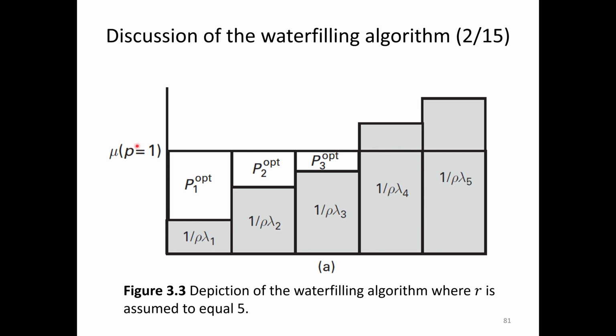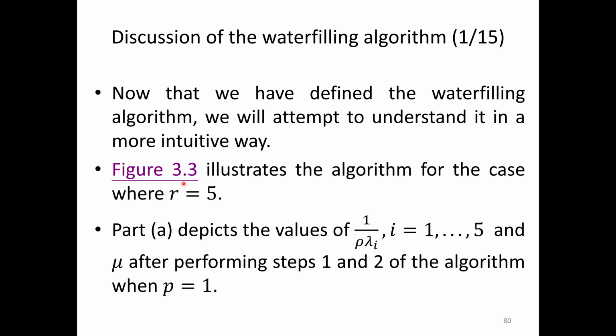This is for the case P is equal to 1, and this line denotes the value of mu. And here are 1 over rho lambda 1 to 1 over rho lambda 5, and here are P1 OPT to P3 OPT. That is, the channel rank is equal to 5.